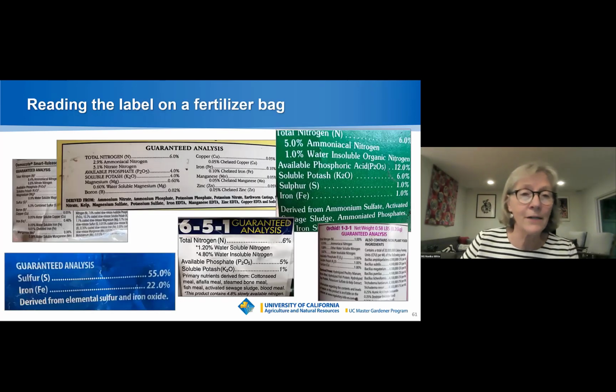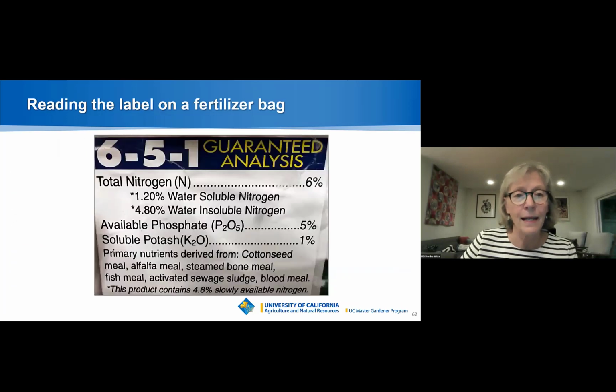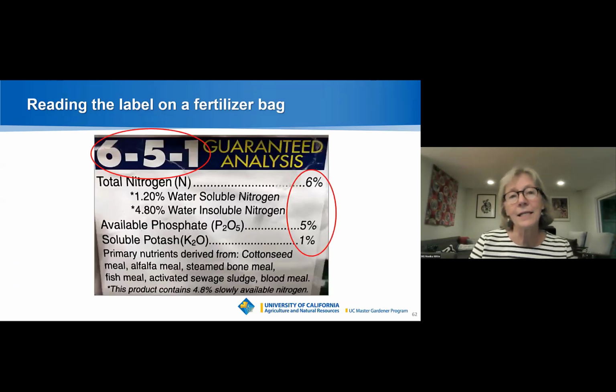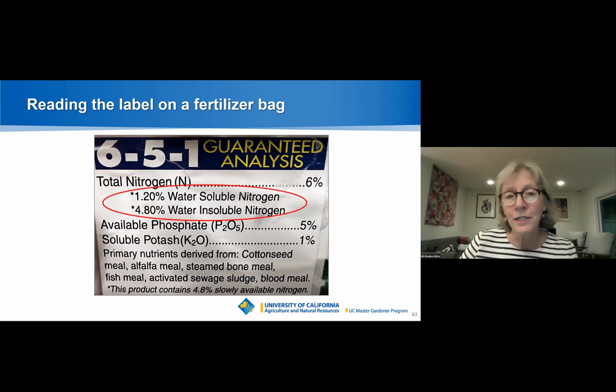So here's a collection of fertilizer labels, and we'll look at one of them. That one is a 6-5-1. That means it has 6% nitrogen, 5% phosphate, and 1% potash. On the label, you'll see that 1.2% of the nitrogen is water soluble and 4.8% is insoluble.